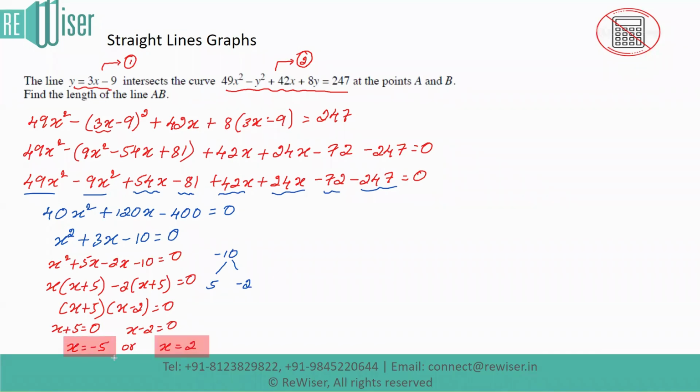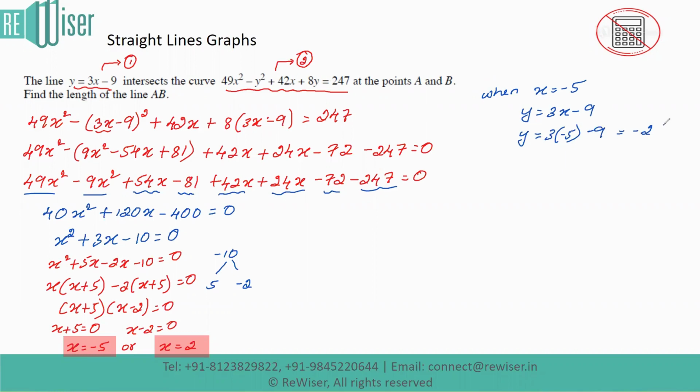Now we should also find the corresponding values of y. When x is minus 5, we know the relationship between x and y is y equals 3x minus 9, so y would be 3 times minus 5 minus 9, which is minus 24.